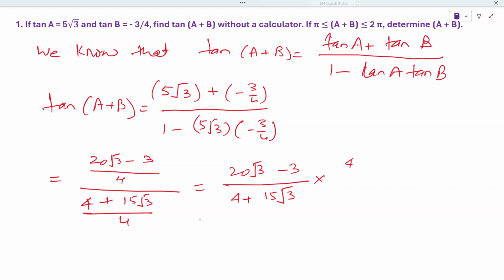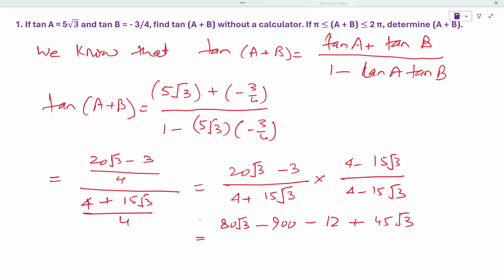So this becomes numerator multiplied by (4 minus 15 root 3) and denominator multiplied by (4 minus 15 root 3). So this is 80 root 3 minus 900, because 20 into 15 is 300 and root 3 into root 3 is 3, minus 12 and plus 45 root 3, upon 16 minus 225 into 3, the square of 15 into 3.